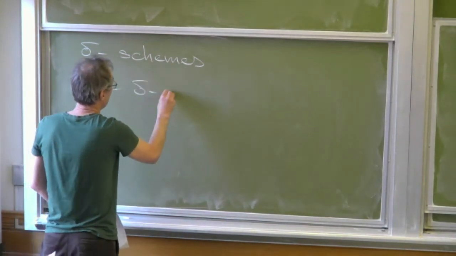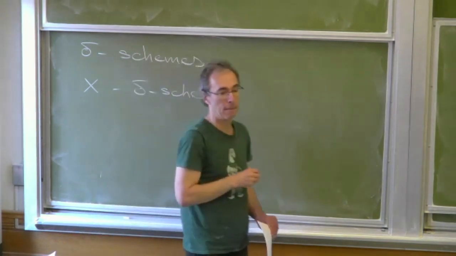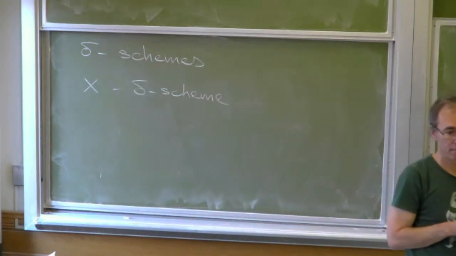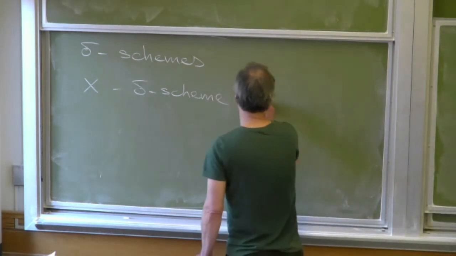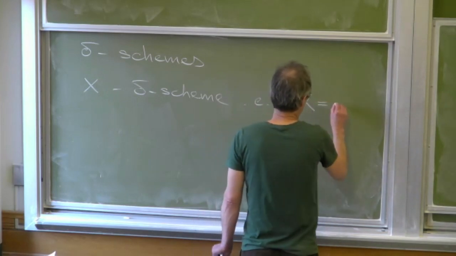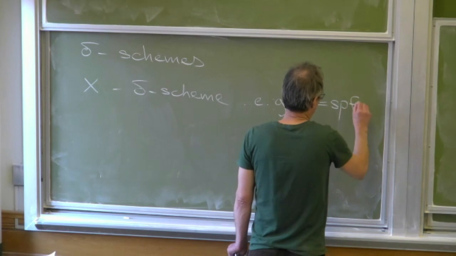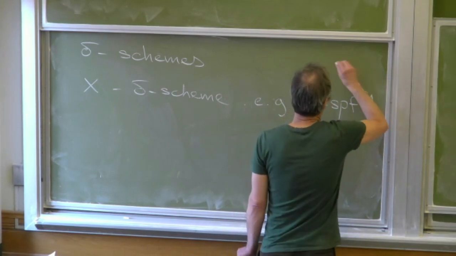Just one preliminary question: is there a parallel theory for usual prismatization? Yes, and I will start with that, a trivial observation. So suppose X is a delta scheme. For instance, you won't lose anything by assuming that X is just the spectrum of a p-complete delta ring A.